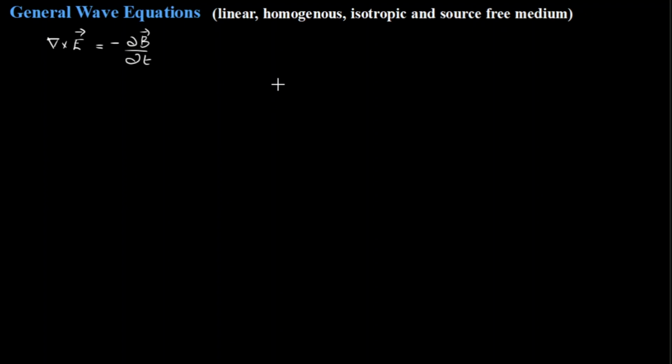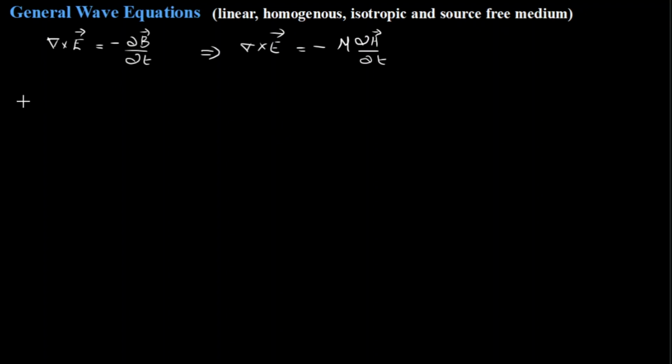This can be modified as curl of E is equal to minus mu del H by del t. This is because B vector is mu H.